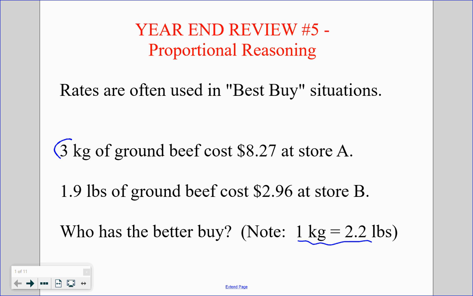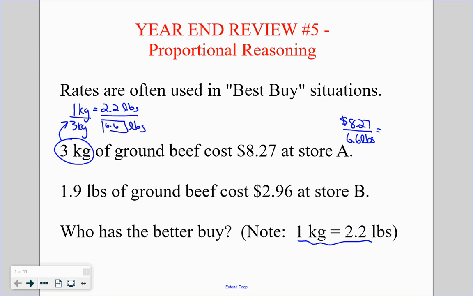So I've given you the conversion here that 1 kilogram is 2.2 pounds. So what I'm going to do is I'm just going to make this 3 kilograms. Okay, so if 1 kilogram equals 2.2 pounds, and I have 3 kilograms, then that must mean that I have 6.6 pounds. So essentially at store A, I have $8.27 for 6.6 pounds. Now it's very important that you put your units in here. So if I go $8.27 for 6.6 pounds.